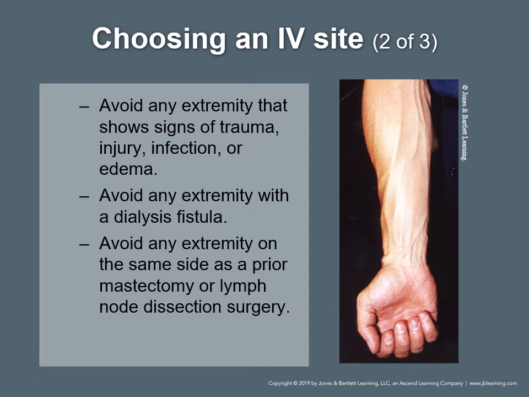This is textbook. All right, avoid any extremity that shows signs of trauma, injury, infection, or edema. Avoid any extremity with a dialysis fistula, and avoid any extremity on the same side as a prior mastectomy or lymph node dissection surgery.